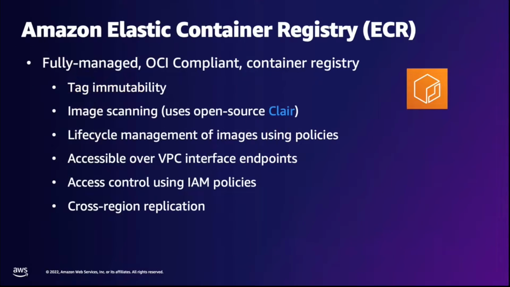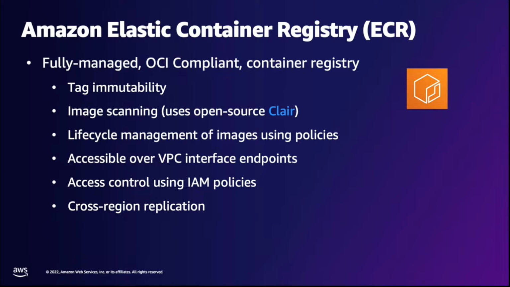For example, you may use Amazon ECR, which is a fully managed OCI compliant container registry. And actually, it implements many of the best practices that I just mentioned, right?